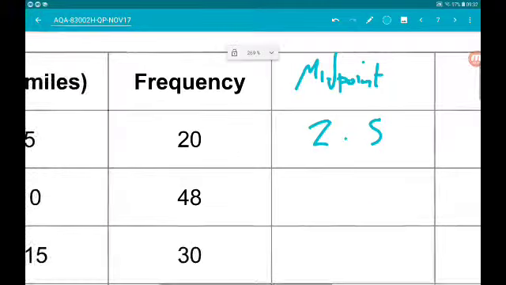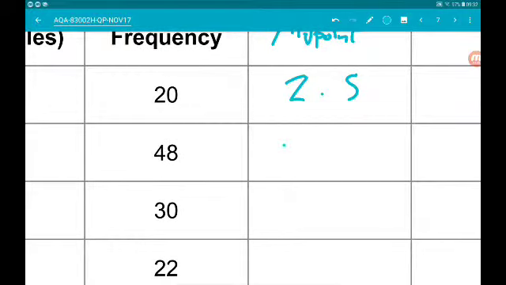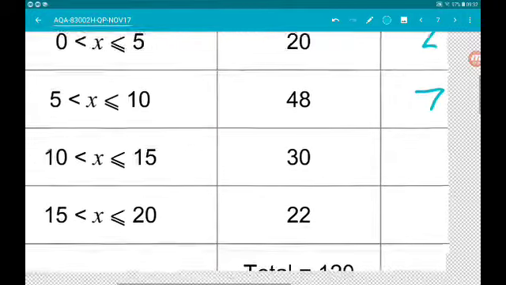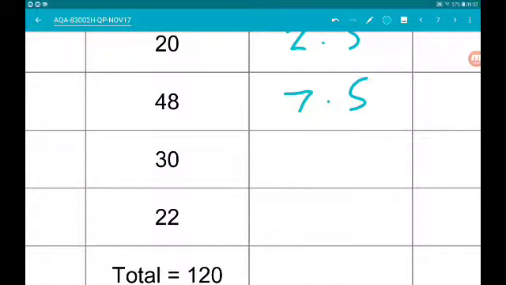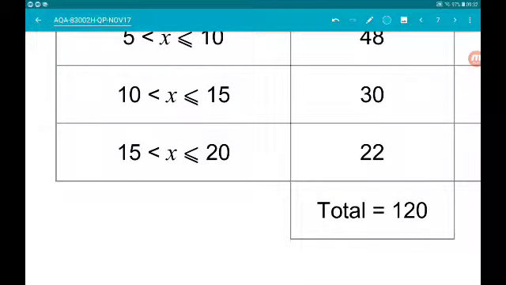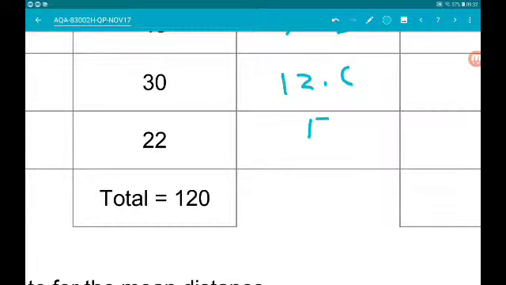So the midpoint of 0 and 5 is 2.5. 5 and 10 is 7.5. 10 and 15 is 12.5. And 15 and 20 is 17.5.